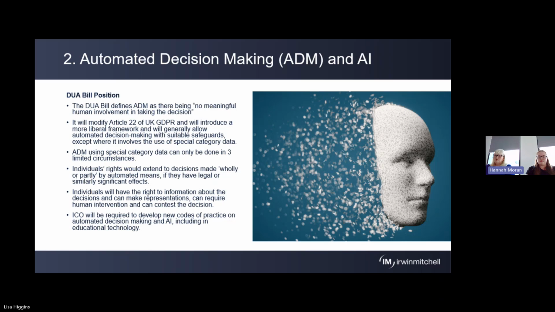You need to allow the individual that's affected to make representations. They need to have the ability to contest the decision, and also they need to have the ability to call for human involvement. So as you can imagine, it is quite a sea change, this. So it does open up the ability to use AI for decision making in more areas than it was permitted before.